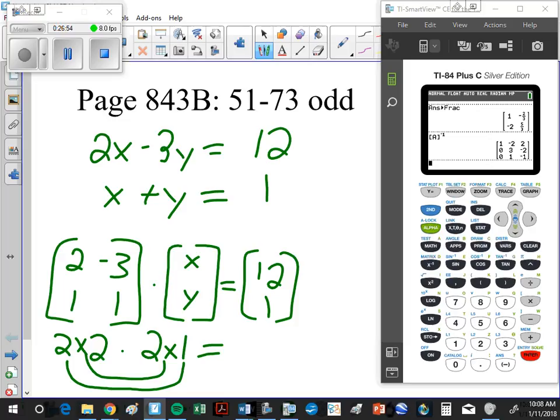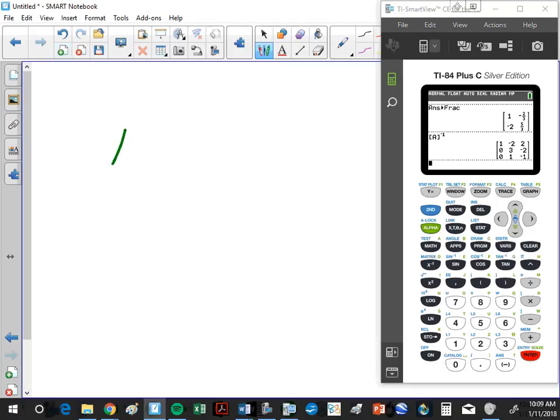Okay? So, simplified down, this is matrix A times my variable matrix X equals my answer matrix B. Okay? So these variables don't represent numbers, they represent matrices. So, if I had A times X equals B, how do I solve for X?